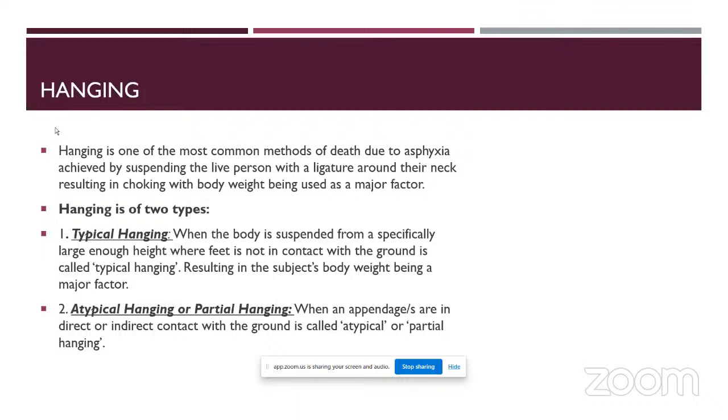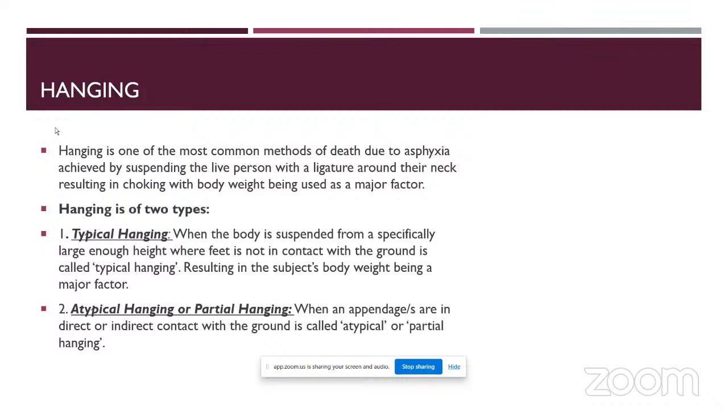Also, artificial respiration should be given immediately, and the person should be shifted to the hospital at the earliest, because the first step any investigator at the crime scene takes is to give medical assistance to the needy person. The person who survives may have convulsions, loss of memory or some brain damage. So this was about the management of hanging cases.